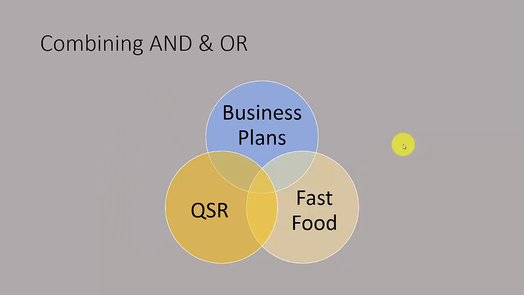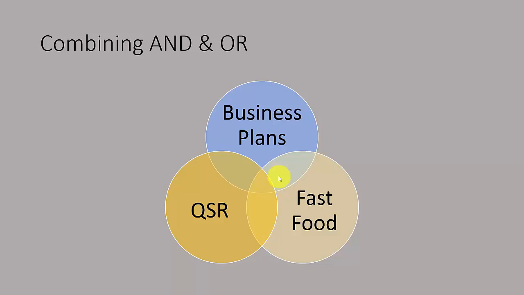When I combine and and or, it's a really powerful search tool. I am able to combine quick service restaurants or fast food and business plans. And when I do that, I come up with this upside down mustache section on the Venn diagram of results. I'm getting expanding results because I'm using or between quick service restaurant and fast food.